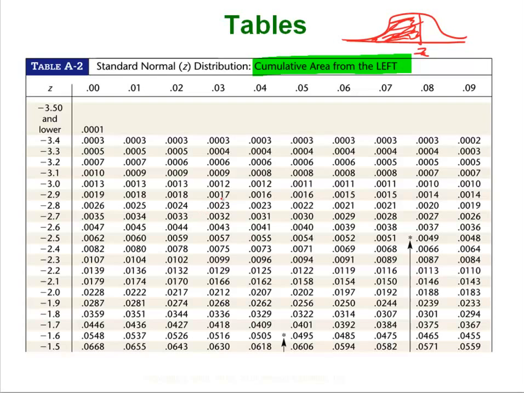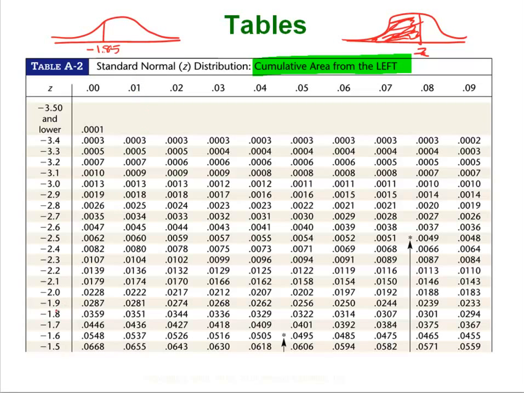So if we wanted to find the area up to, let's just pick something on the negative side so we can actually see it on this table. So here's my negative z. Let's say it's negative 1.85. And that's the problem with these tables, you can only go to 2 decimal places.